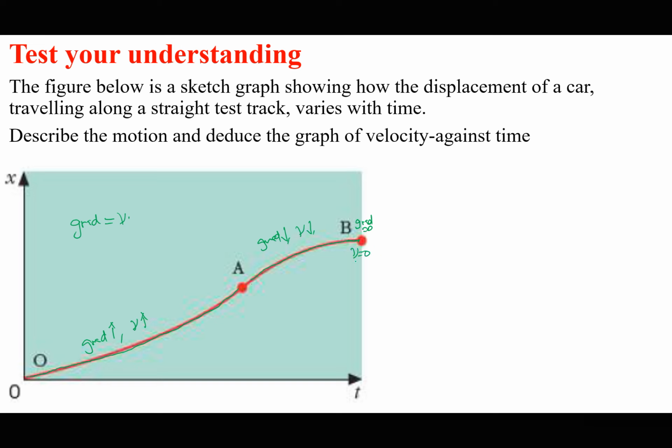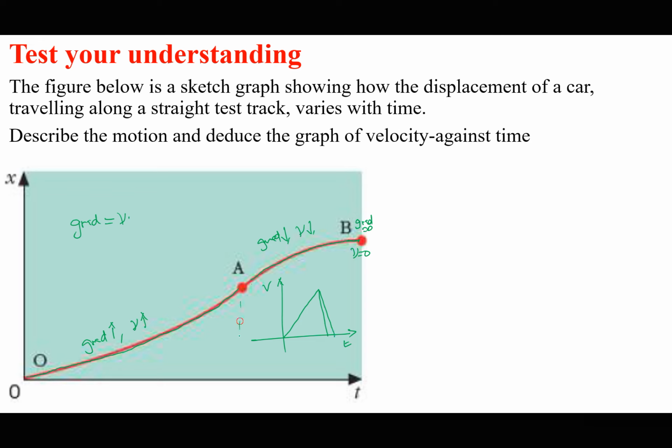So from this graph, I should be able to deduce a graph of velocity against time. From O to A, the velocity was increasing. Because it's a smooth curve, I will draw a straight line. Then from A to B, the velocity is decreasing, so it starts decreasing, and it reaches 0 in a short time.